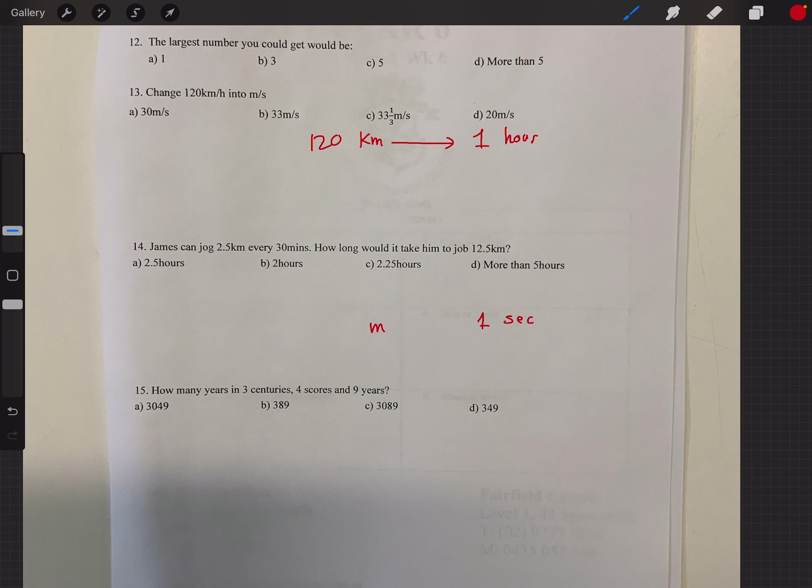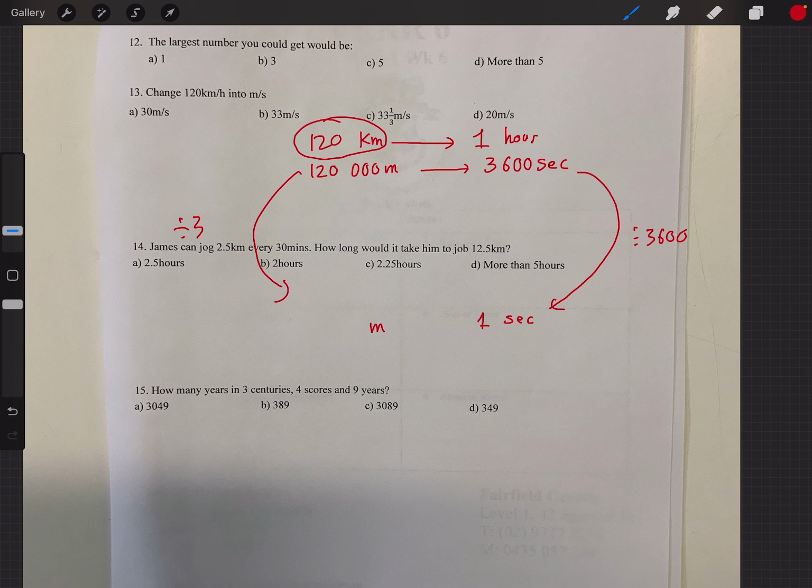So let's first of all change this one to meters straight away. So that'll be 120,000 meters. And how many seconds is in an hour? That's 3,600 seconds. Okay, so I want to go from that to 1 second. So divide that by 3,600.